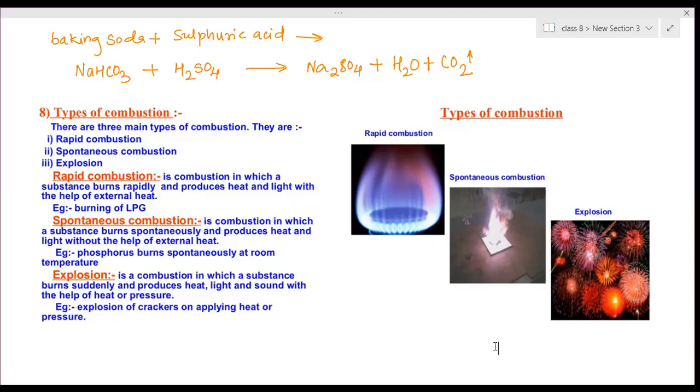So burning of the matchstick, burning of the LPG, burning of wood, all these are examples of rapid combustion. Rapid combustion is the type of combustion in which a substance burns rapidly, but with the help of external heat. External heat energy is needed for rapid combustion.